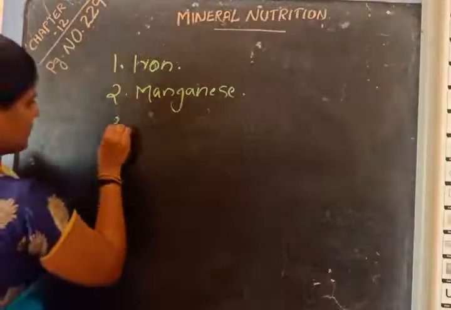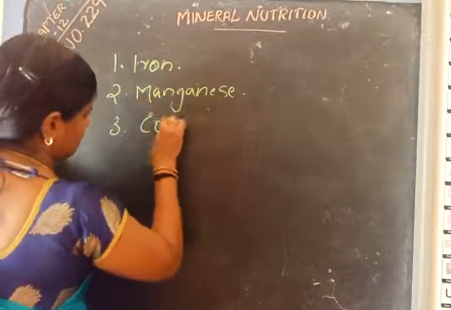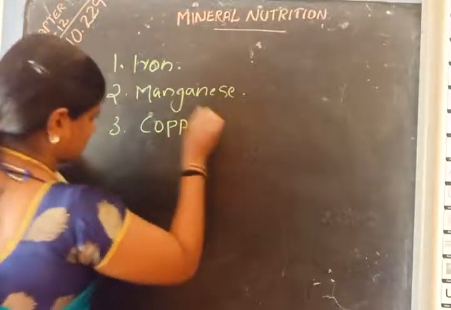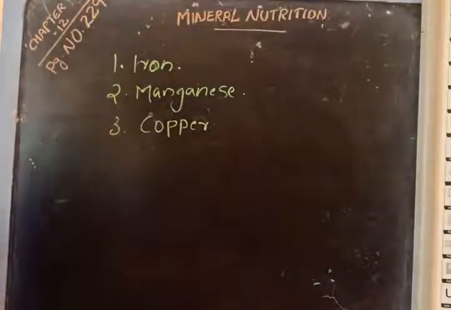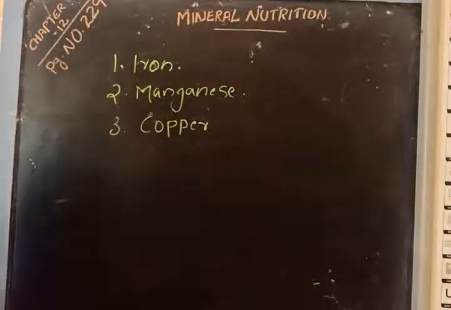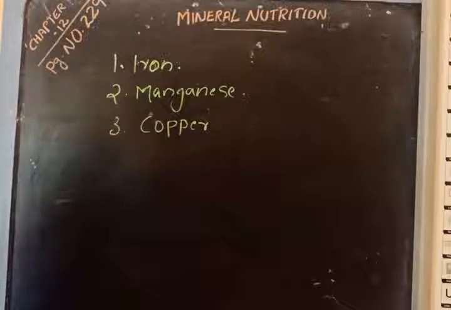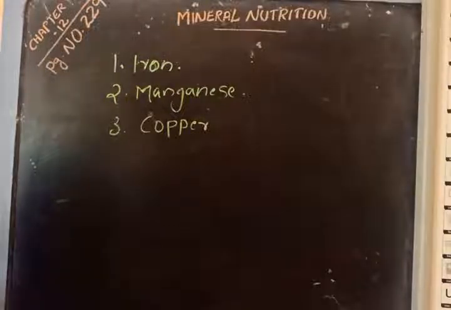Copper is another micronutrient. Copper is a constituent of plastocyanin, a component of enzymes like phenolase, tyrosinase and enzymes involved in redox reactions, and synthesis of ascorbic acid.